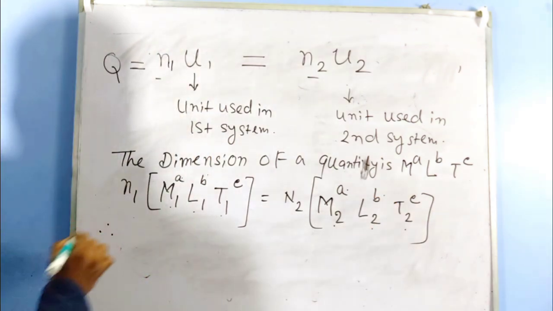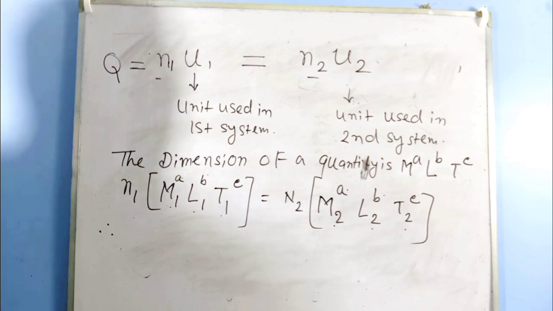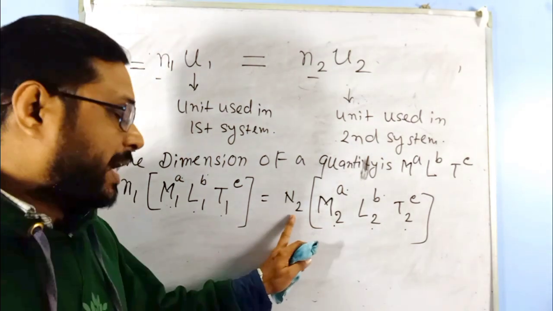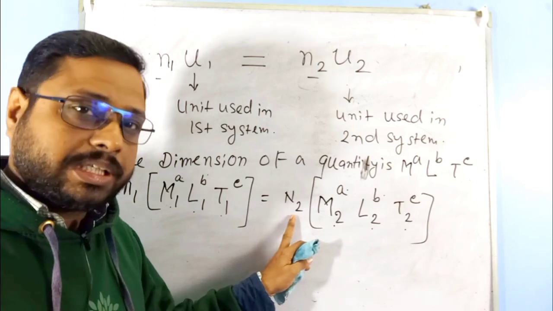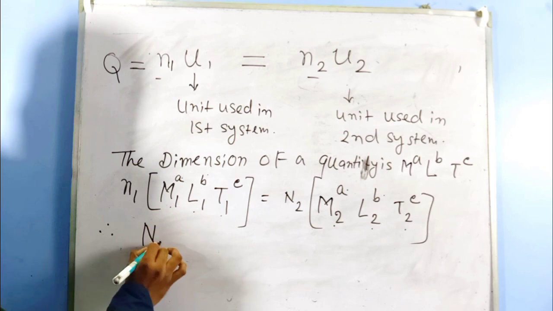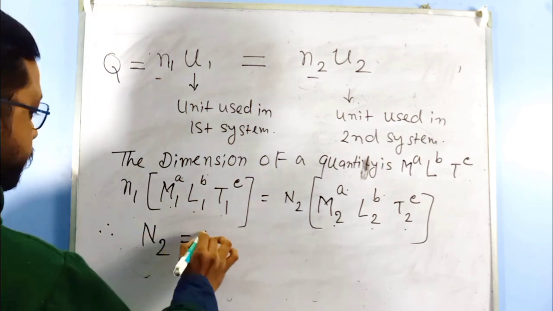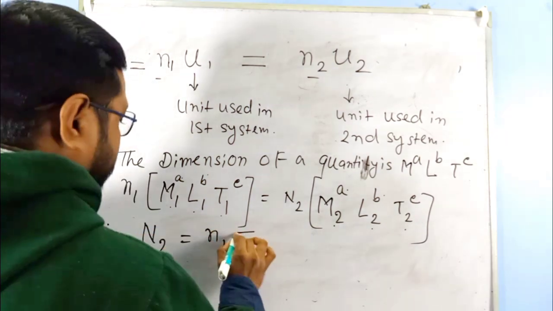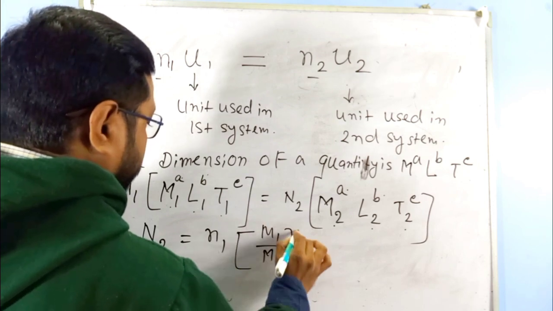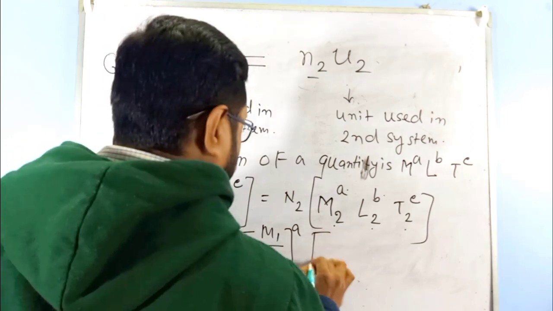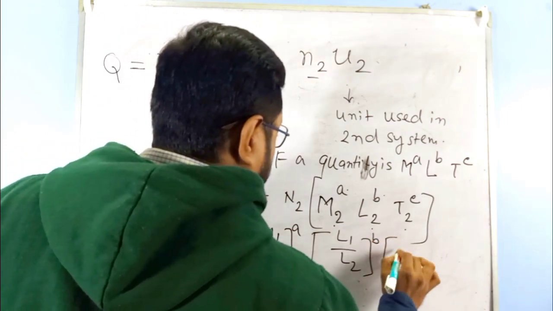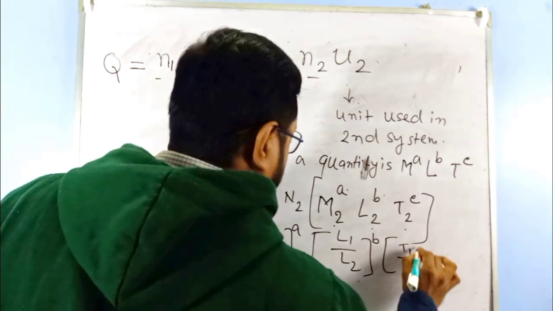N1 is the numerical value of this physical quantity and it is given, so we can find out the value of that physical quantity in another system. So we get N2 equal to N1 times M1 by M2 to the power a, L1 by L2 to the power b and T1 by T2 to the power c.